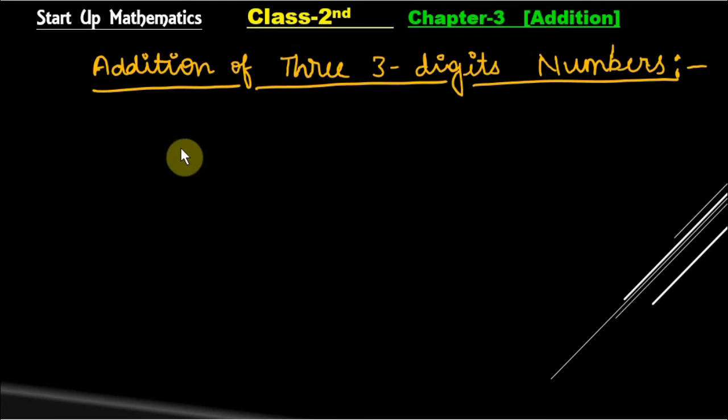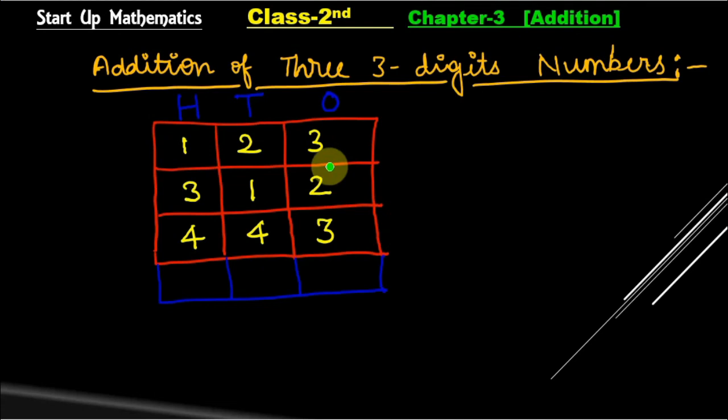Now we will be learning how to add 3 numbers, meaning addition of three numbers. To add 3 numbers, we add from the ones place, and we add these two numbers first, after that this number.